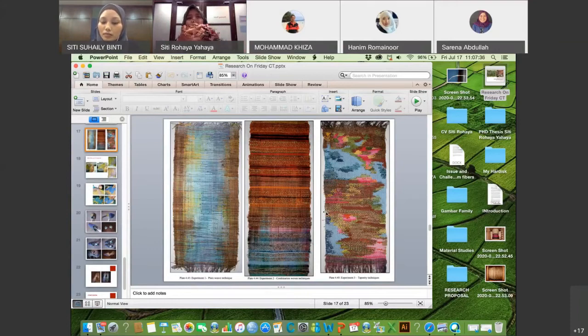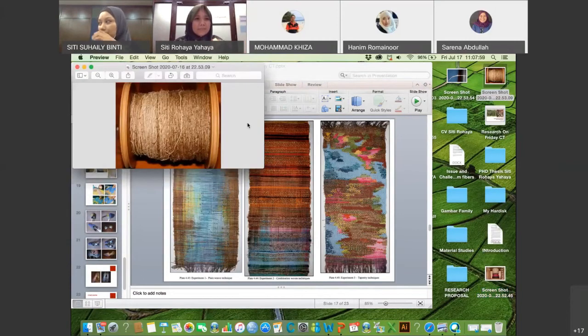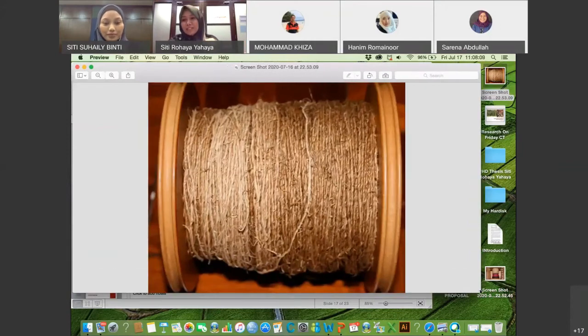So sometimes when we pull the loom, it's quite hard for that material to stand alone. Okay, as you can see here, this is a spool of yarn.